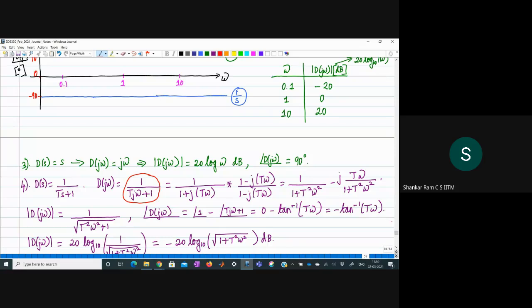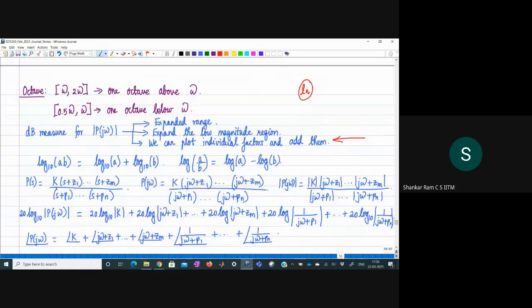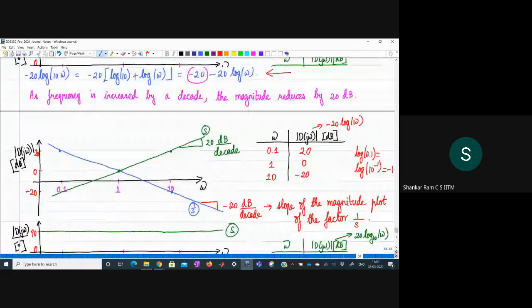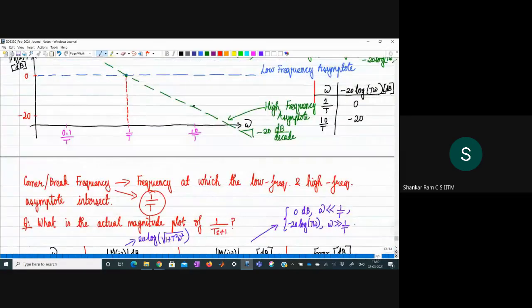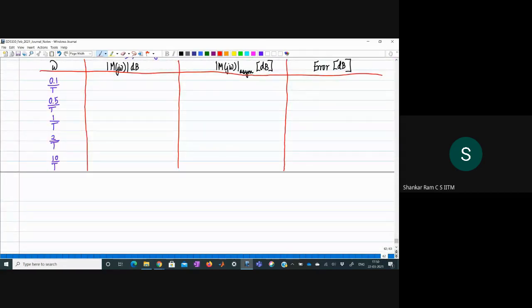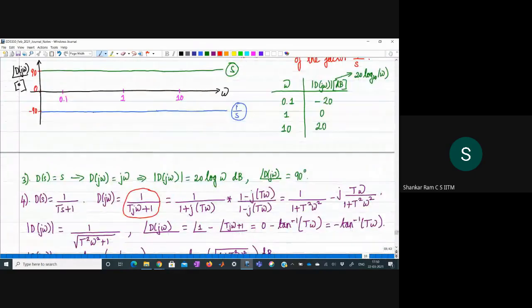So if we go here, as we discussed, let me go to the correct plot. Let's say we look at the factor 1 by s. Sorry, there's some problem.